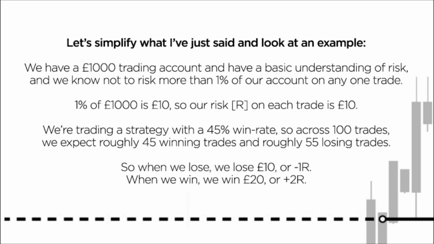So let's say we're trading a strategy with a 45% win rate or thereabouts. So across 100 trades, we expect roughly 45 winning trades and roughly 55 losing trades. Again, this is never going to be exact, but we expect thereabouts. So when we lose, we lose £10 or 1R, and when we win, we win £20 or 2R.